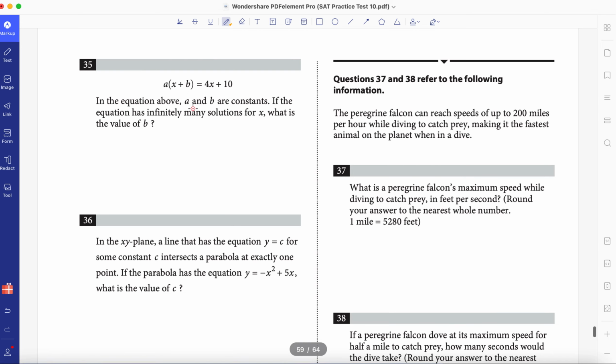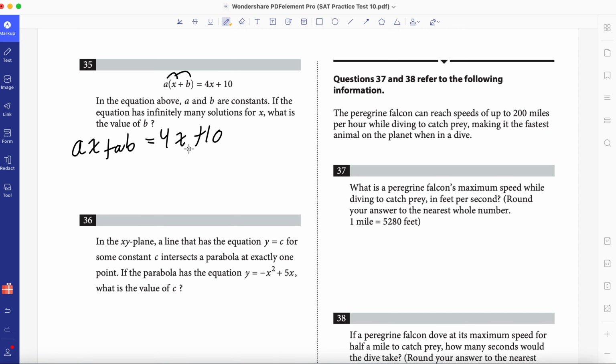If in the equation above a and b are constants and we want to find infinitely many solutions, this is just going to be, let's distribute, a of x plus a of b has to equal 4x plus 10.